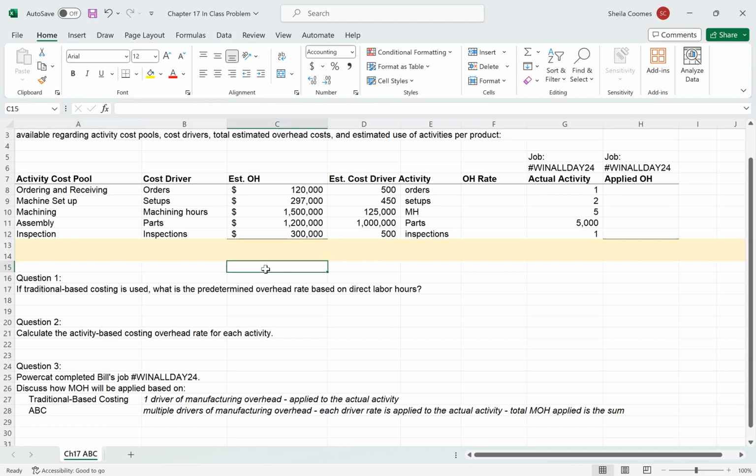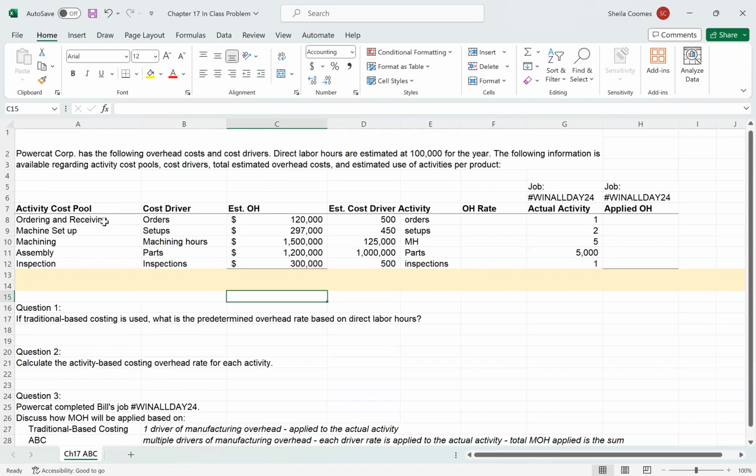So first of all, remember, calculating the predetermined overhead rate, we have to know what our estimated overhead is and what our estimated activity is, what's driving that activity. Okay, so this problem has been set up in this table to show you multiple activity cost pools in Chapter 17.